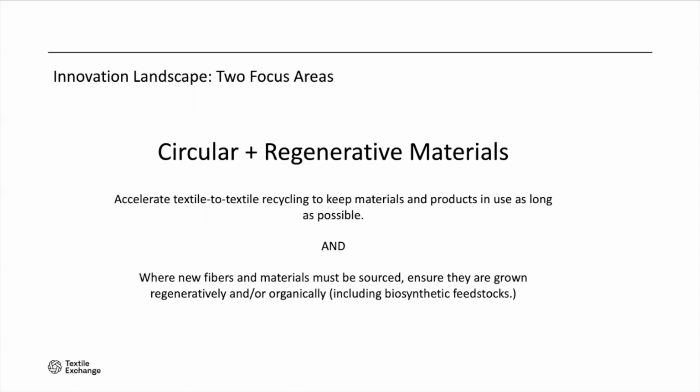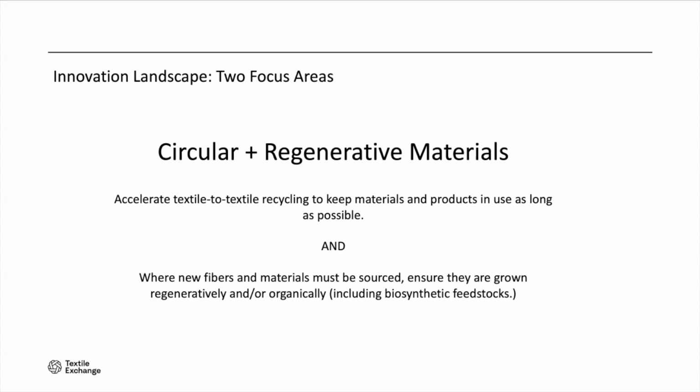This means we really need to accelerate recycling of materials, specifically moving beyond plastic bottles as inputs to looking at how we create a truly closed loop where old textiles and clothing are put back into the system to create new textiles and clothing, and being able to keep materials and products in use as long as possible.